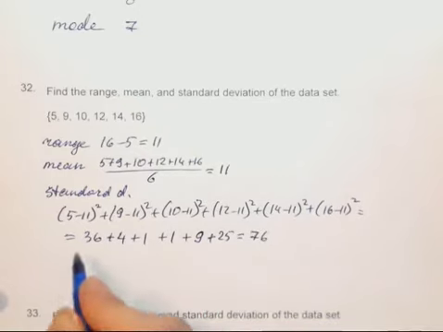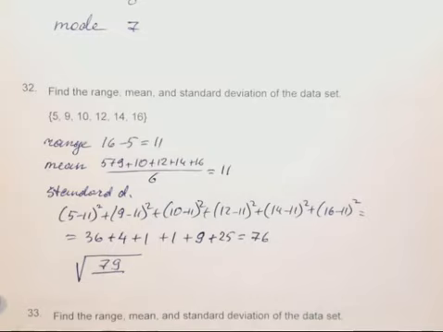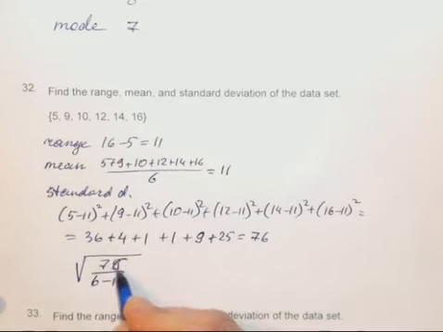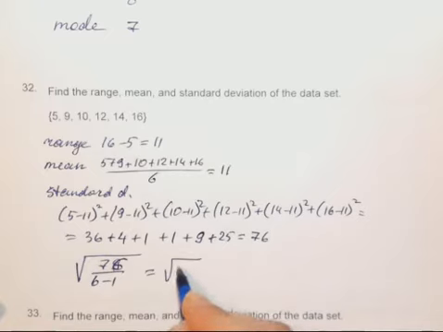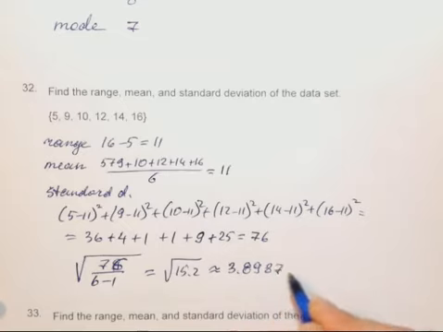76. So the standard deviation will be the square root of this sum, 76, divided by, don't forget, not n, not 6, but 6 minus 1, divided by 5. And this fraction will be 15.2, and the square root is approximately 3.8987.